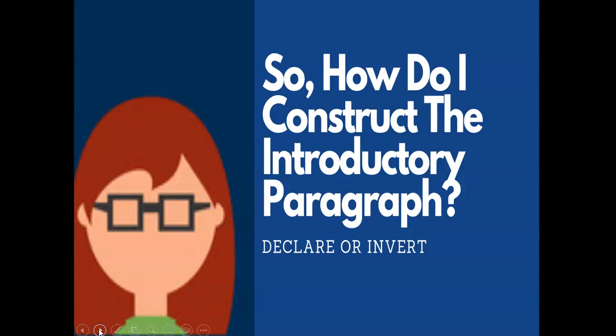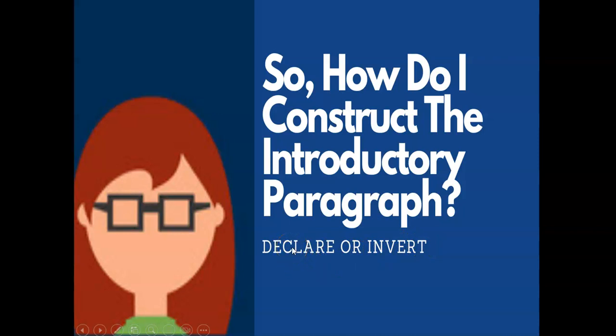So the question's always this: how do I construct the introductory paragraph? Well, as I alluded to earlier, you can declare or invert, but hold on. We know that we're performing rhetorical analysis, so we're going to declare. And just to qualify some things here, when you perform literary analysis, so all the FRQs on the AP Literature exam, kids are going to invert.